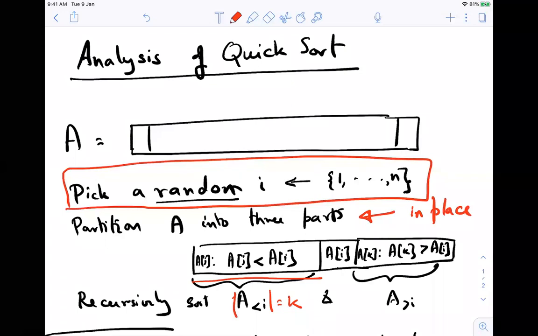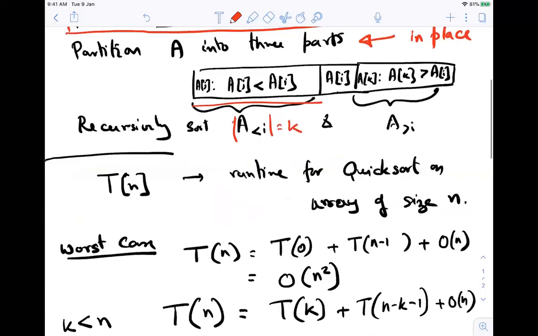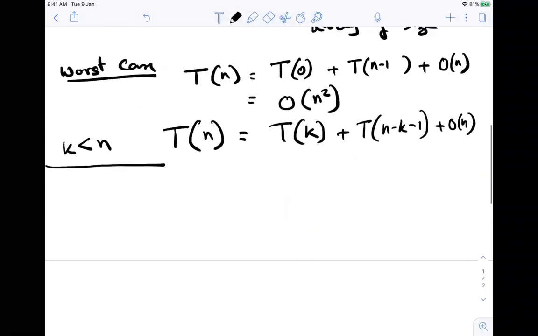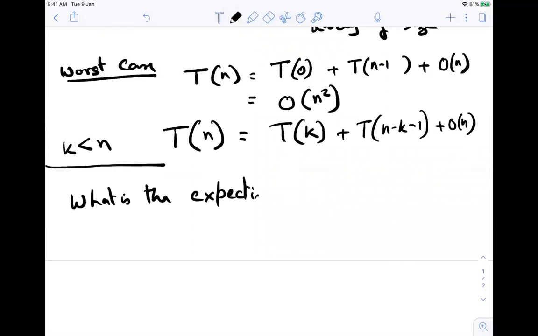It should not be that you always get the worst setting. So a natural question would be, what is the expected runtime?